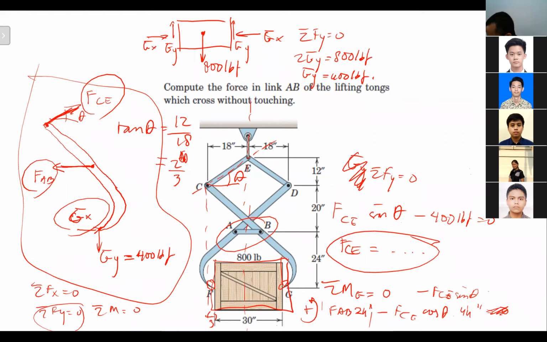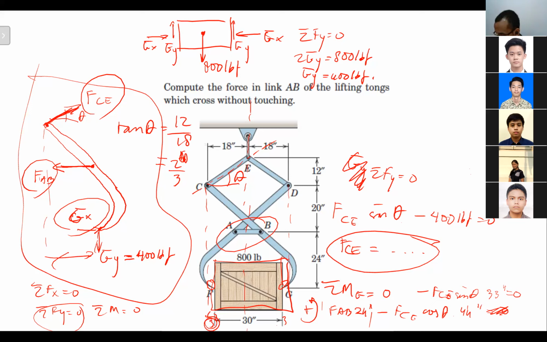Multiply by 33. Should it be 30 because 36 minus 30? No, this one is 3, and the distance here is 3 as well. But the one you want to find is the horizontal distance between this and this, right?